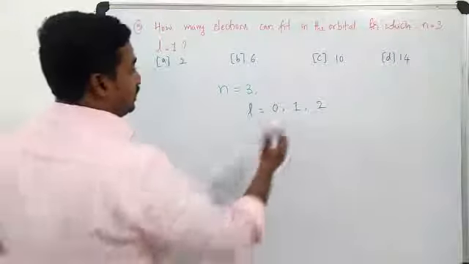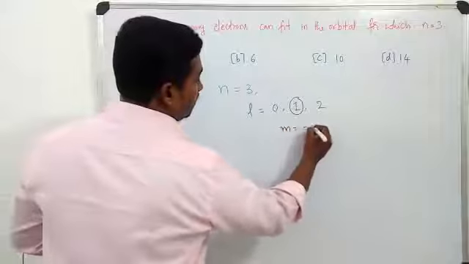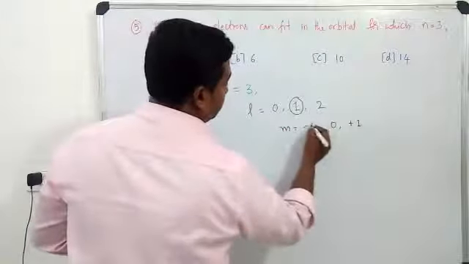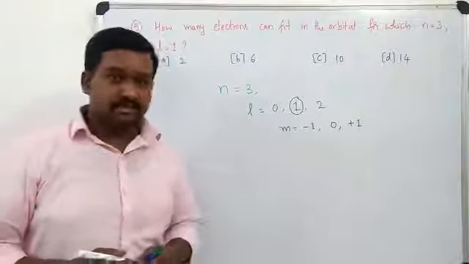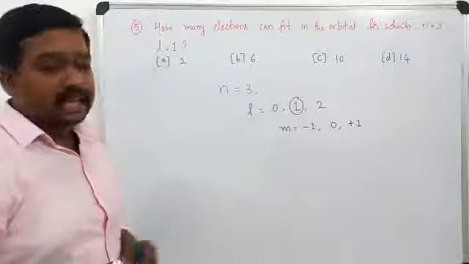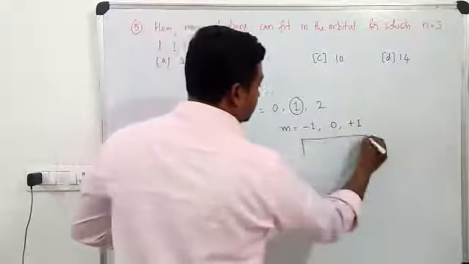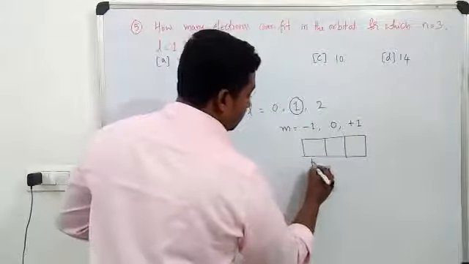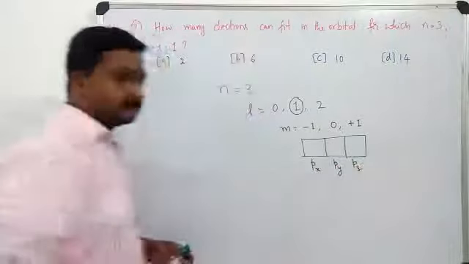Let us say, if l is 1, the values of m are -1, 0, +1. This is how we used to write the orbitals from the data given for n and l. Now these three values represent the three orbitals of p orbital, namely px, py, pz.